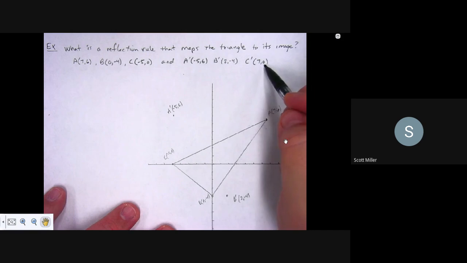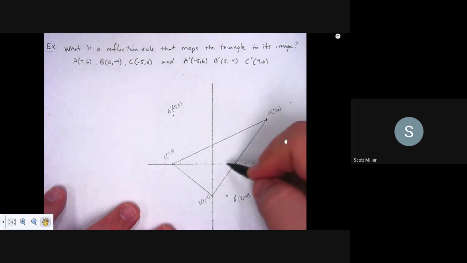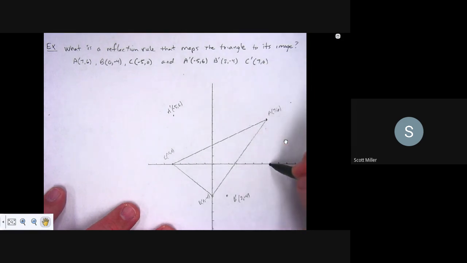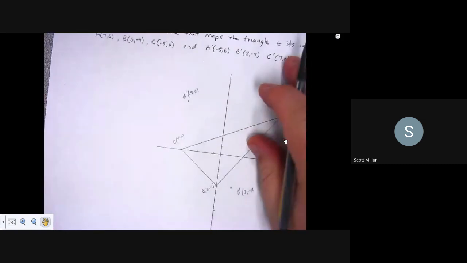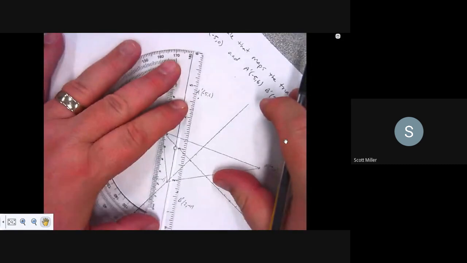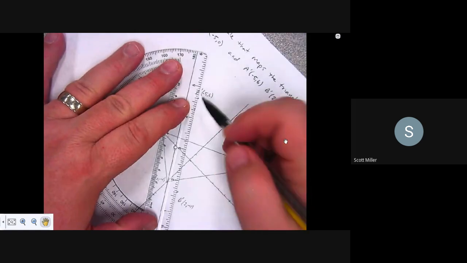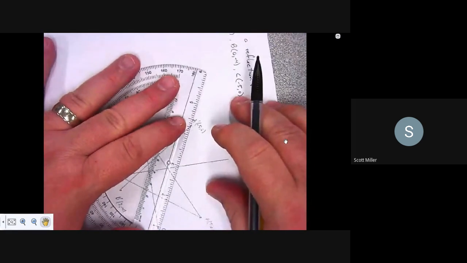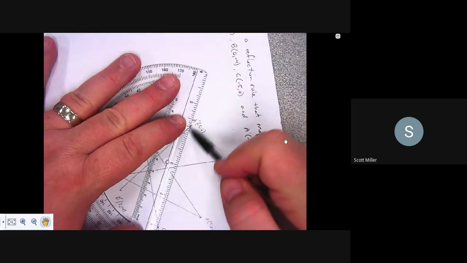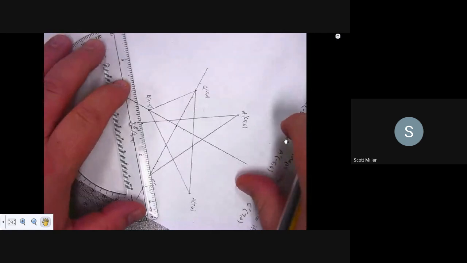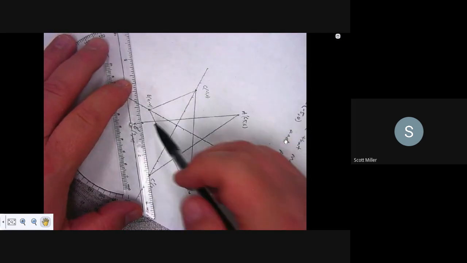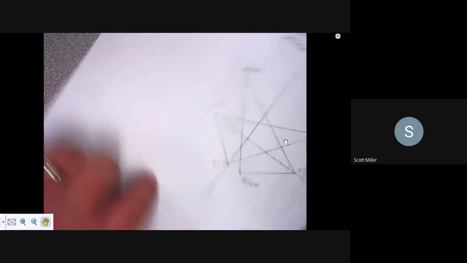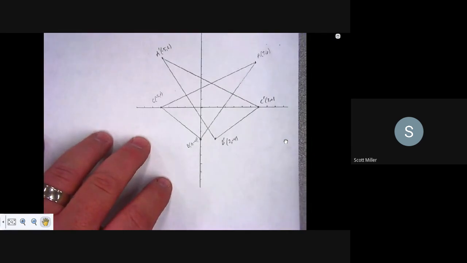And then 7, 0. 3, 4, 5, 6, 7, 0. That's C prime. And so let's draw that one. Okay, so there's the two triangles.